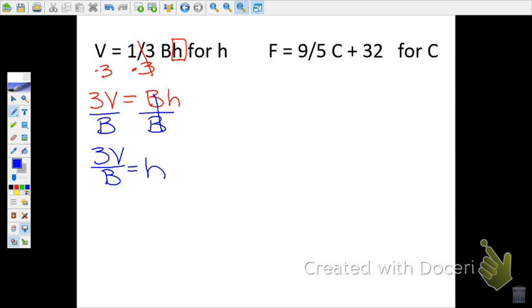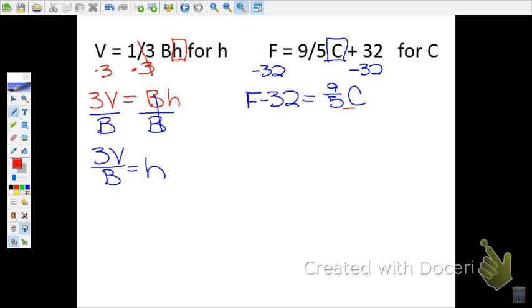We're going to change it so it's solved for C, which should also be a formula that you have seen before. So if I want to get that C by itself, what do I need to do first? Subtract 32. I'm going to subtract 32 from both sides. So F minus 32 equals 9/5 C.